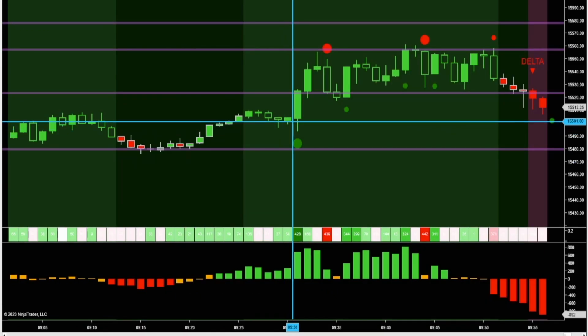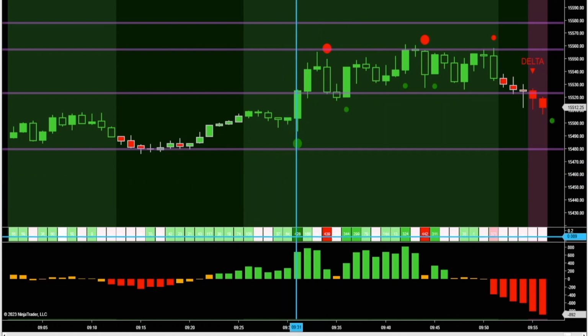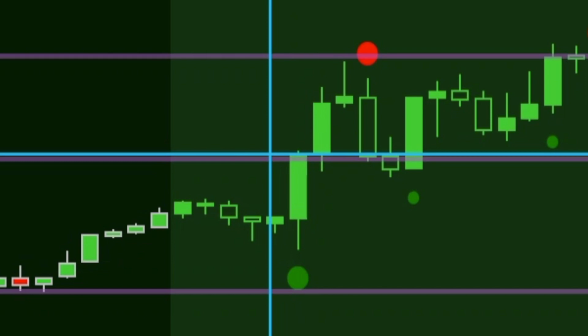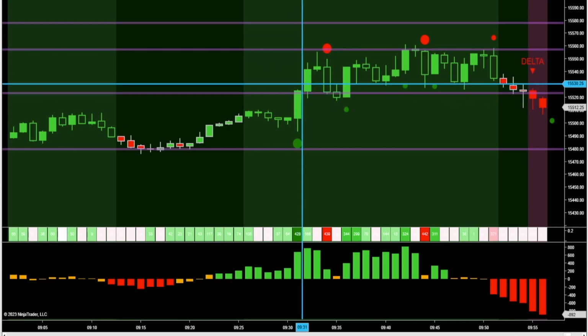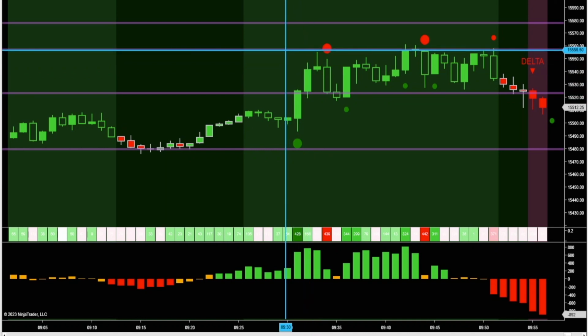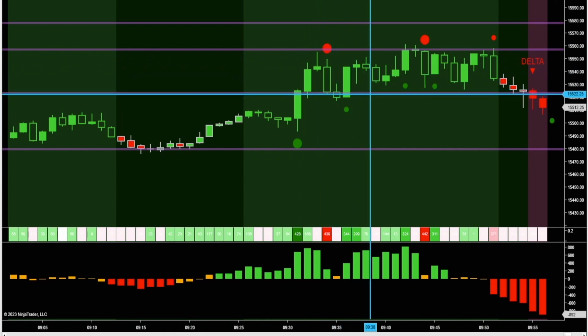So here's market open, and on the first opening candle we get a nice big chunk of volume delta coming in on this candlestick, and it closes above this point of control line that we had drawn. And you'll notice it travels up pretty much exactly to the next point of control line that we drew before the day even started. Had a nice retracement right back to the previous point of control line.